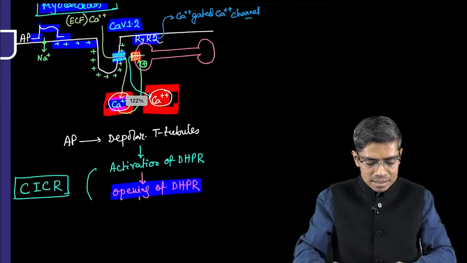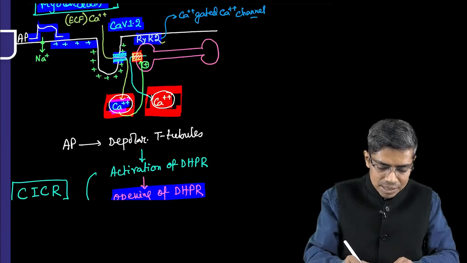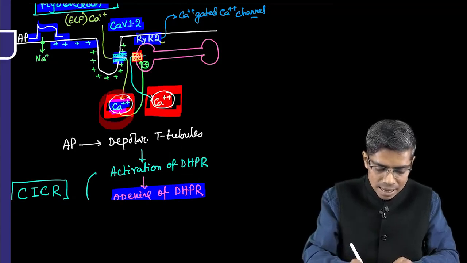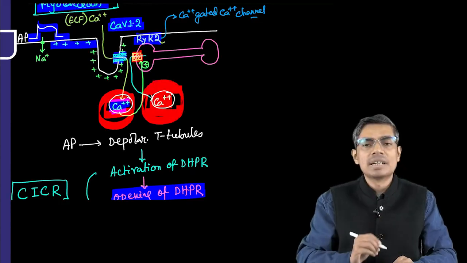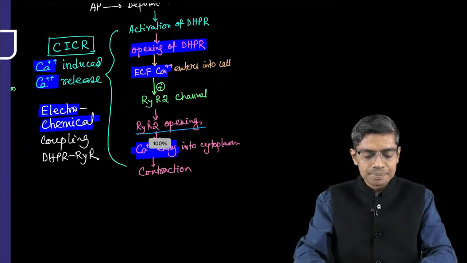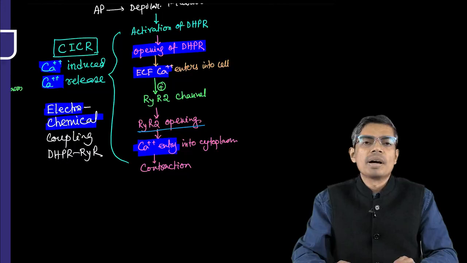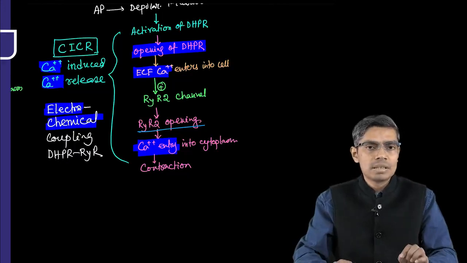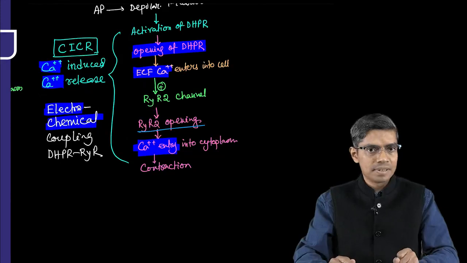First, the ECF calcium is going to enter inside the cell, and then it is going to stimulate the sarcoplasmic reticulum calcium release. So ECF calcium is essential for myocardium contraction. You also have to remember this.